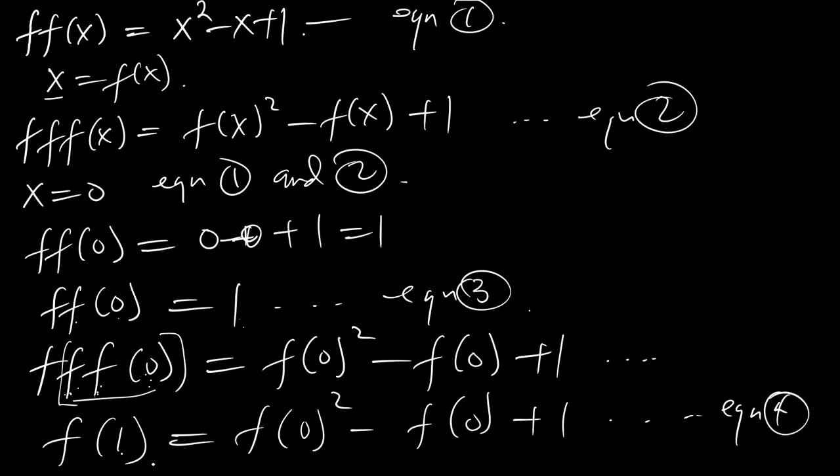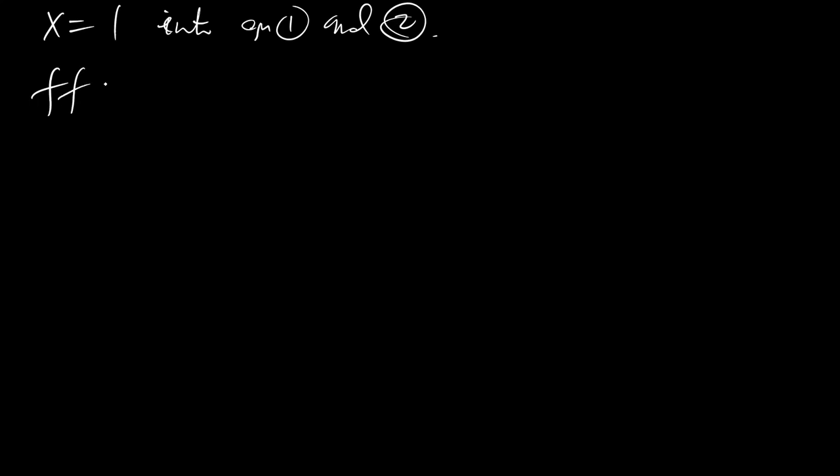Now we need to look for f of 1. To do that, we substitute x equal to 1 into equation 1 and 2. In equation 1, you have f of 1 equal to 1 squared minus 1 plus 1.